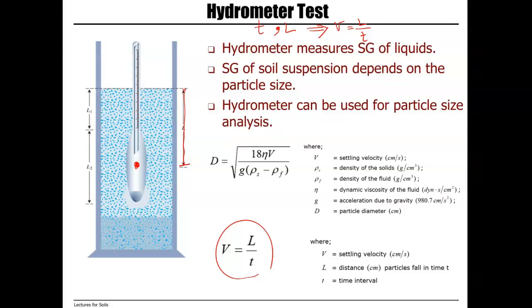So settling velocity is equal to distance that particles fall in time t. So at different times, we measure L, then we can calculate settling velocity, and then using that, we can calculate particle diameter using this formula.